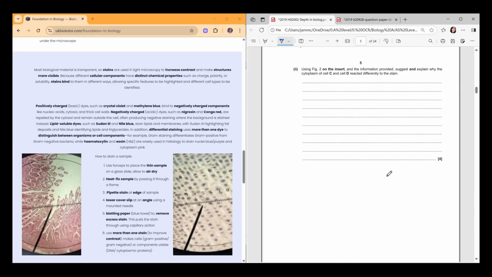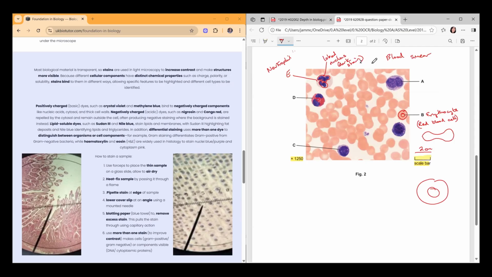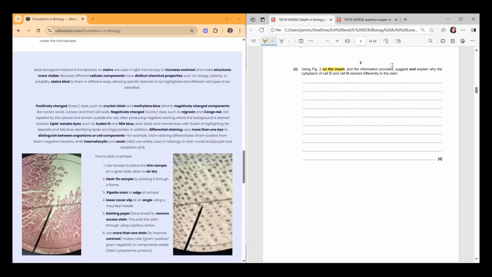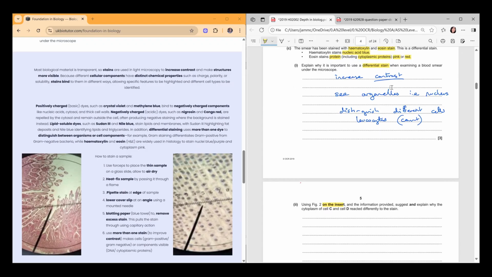So again, this one, we're still using our insert. So we need to go back and look at the insert again. So make sure you're always going back. Not every exam will have an insert, but for some there will. So you do need to make sure you're going back and looking at it, and the information provided, and that's the information above.